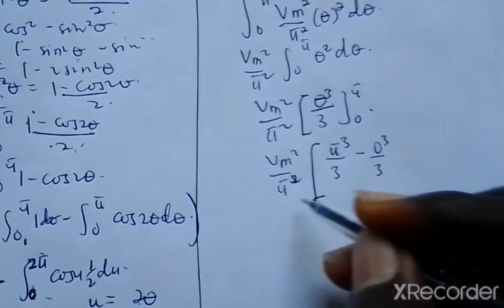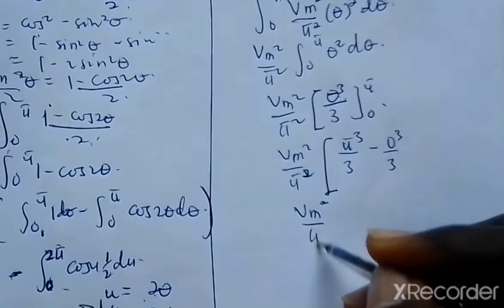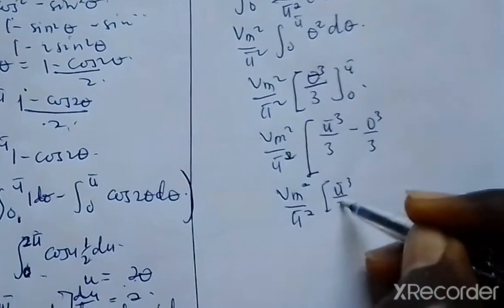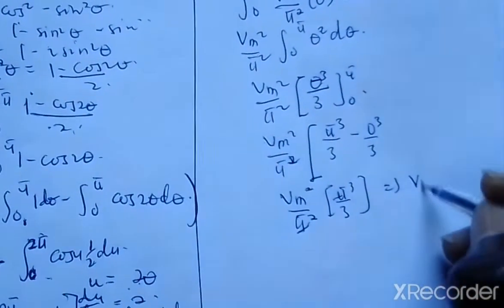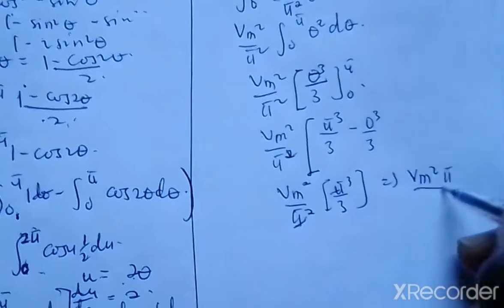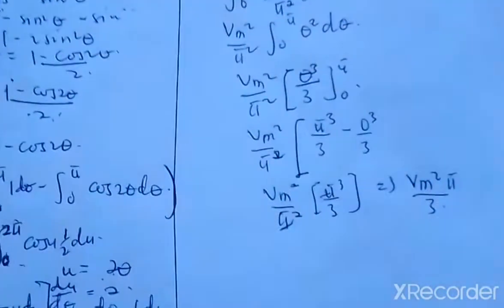Here will be 0. So I'll get Vm squared over pi squared, then open brackets, pi cube on 3. This pi squared will cancel, and I'll finally get Vm squared multiplied by pi, everything on 3.